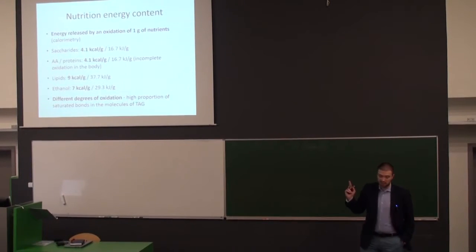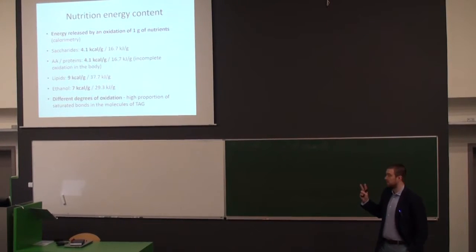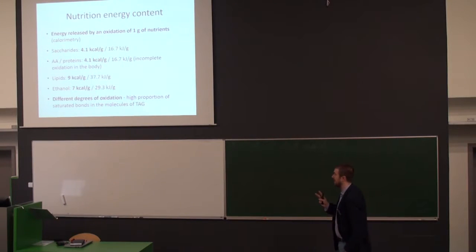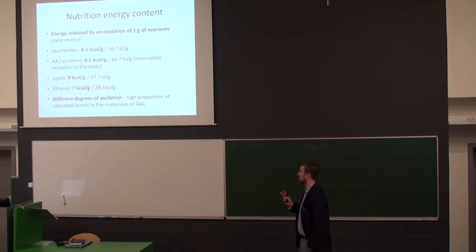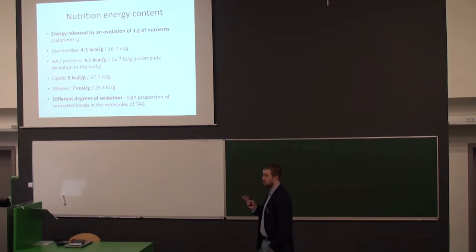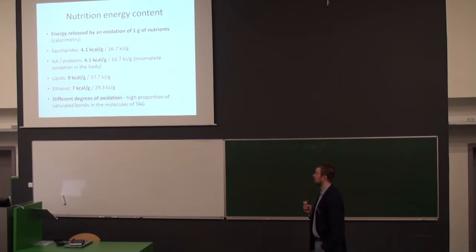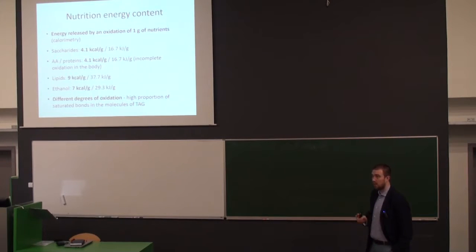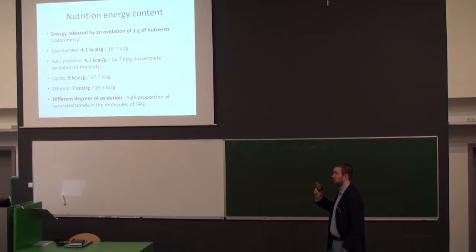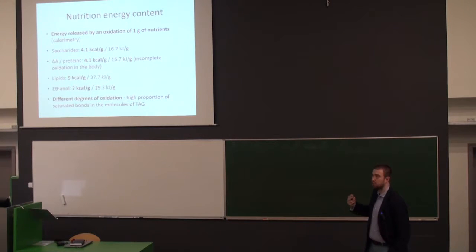So then we come to the second parameter. This parameter you also should know from the previous year. That's the simple parameter that tells us what's the energy content in each nutrient. That means you take an ideal situation when you have precisely 1 gram of nutrient, you fully burn it, and the question is how many kilocalories or how many kilojoules do you release?